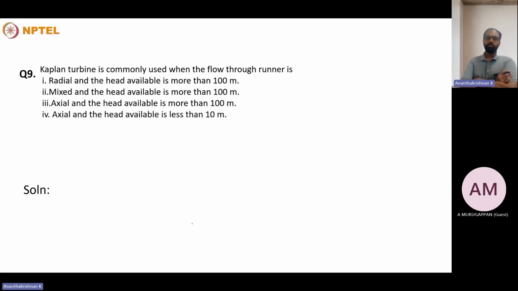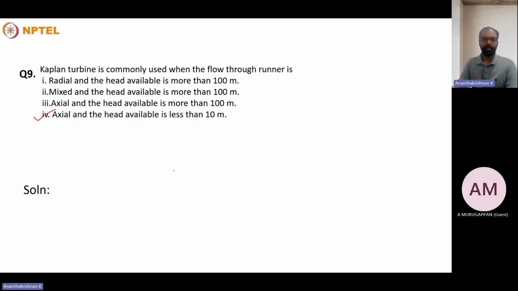Kaplan turbine is commonly used when the flow through the runner is radial and the head available is more than 100 meters; mixed and the head available is more than 100 meters; axial and the head available is more than 100 meters; or axial and the head available is less than 10 meters. So it's the last option, less than 10 meters. Right.